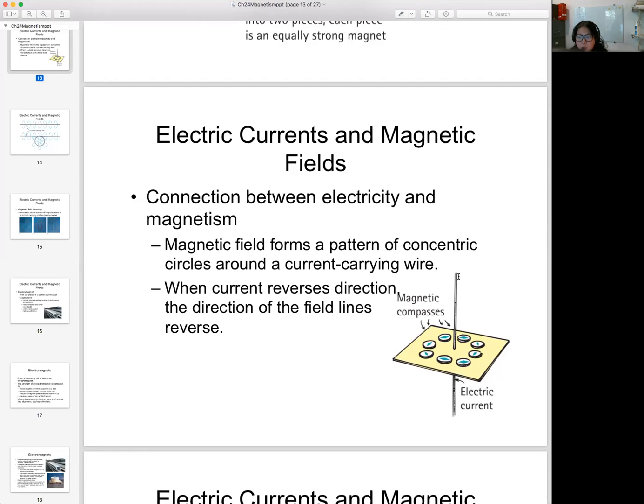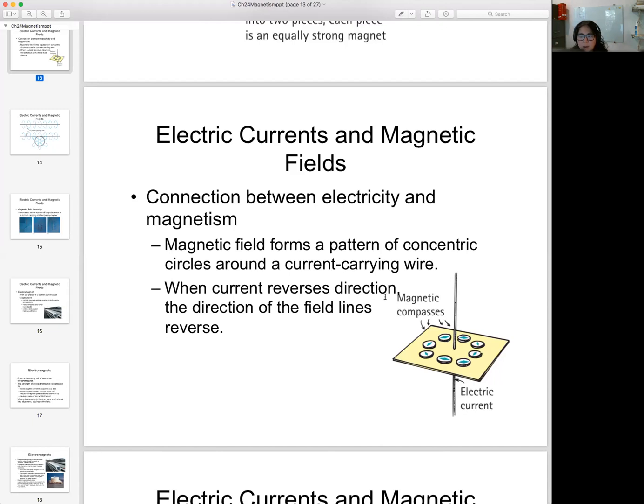And if you have a straight, so in the picture here, there's a straight current passing through. And around the current, magnetic field is generated by the current. And when you reverse the direction of the current, then the direction of the magnetic field also reverses.